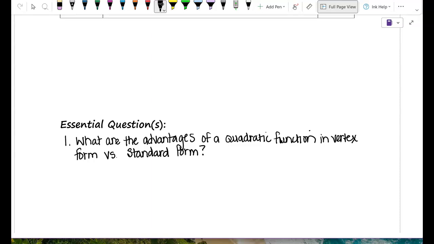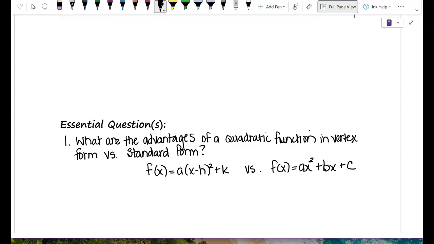And if we were to write that out in equations, really it's asking us the difference or the advantages of f of x equals a times the quantity x minus h squared plus k versus f of x equals ax squared plus bx plus c. That's what we're going to be comparing.